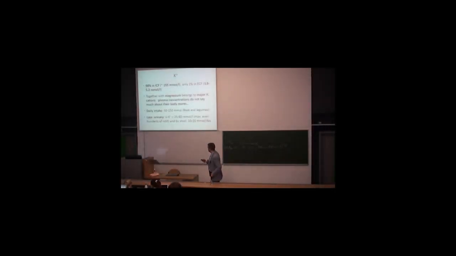So the next ion is potassium. For potassium, we come to the ion that is mainly in intracellular fluid. Here you have the concentration, around 155, and in the extracellular fluid, the concentration is only around 3.8 till 5.2.